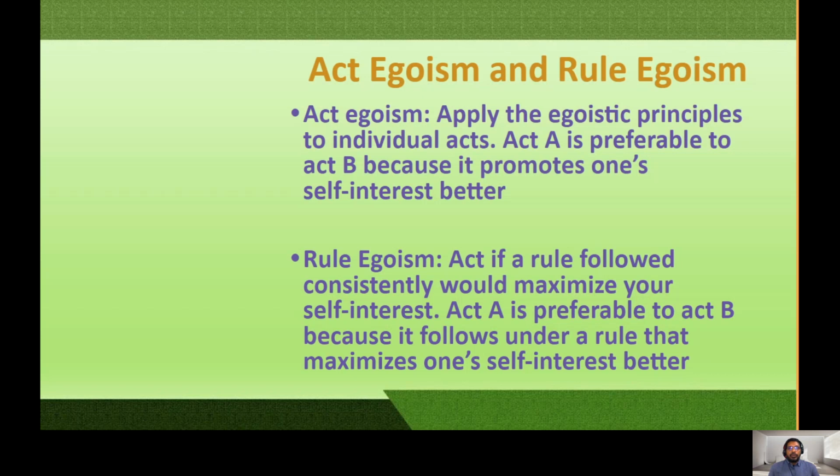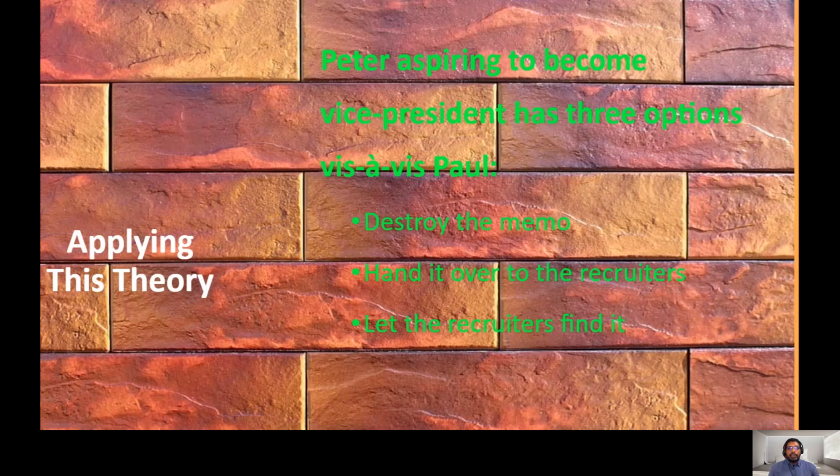If by following this rule, am I going to get the maximum happiness for me? If so, then that action that is a result of following the rule is a right action, otherwise it is a wrong action. Let us now apply this theory to a case.